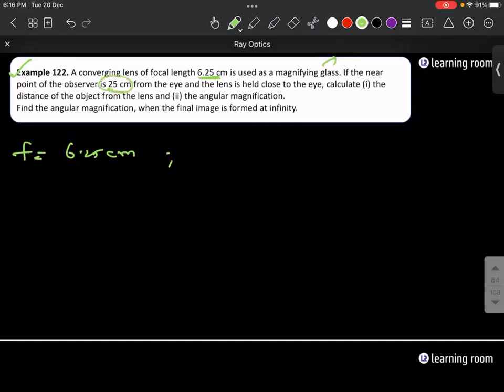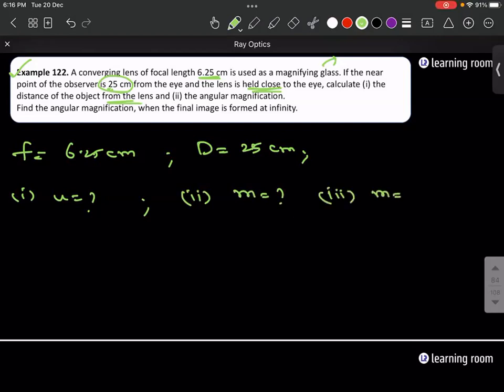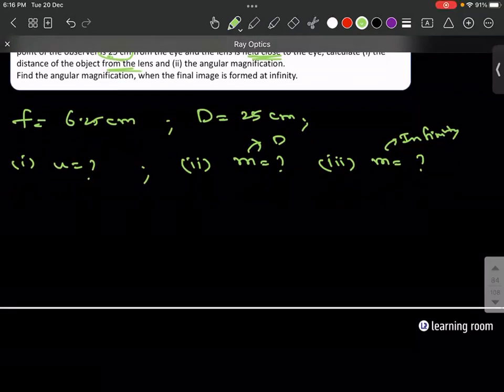If the near point of the observer is 25 centimeter from the eye and the lens is held close to the eye, calculate the distance of the object from the lens. So u is equal to what? Second, calculate the angular magnification. And the third part is to calculate the angular magnification when the image is formed at infinity. Here the image is formed at D. So how to find u?